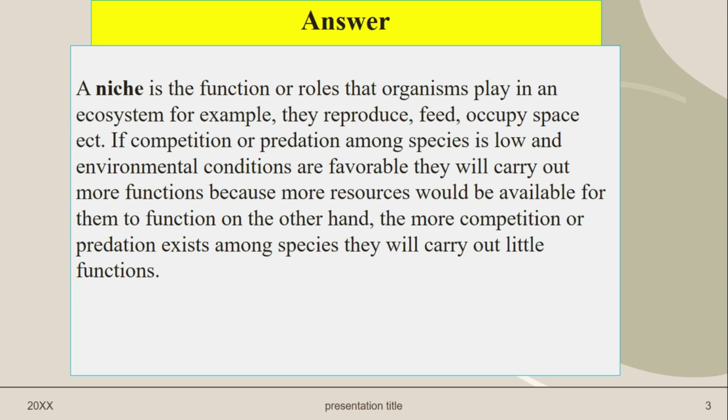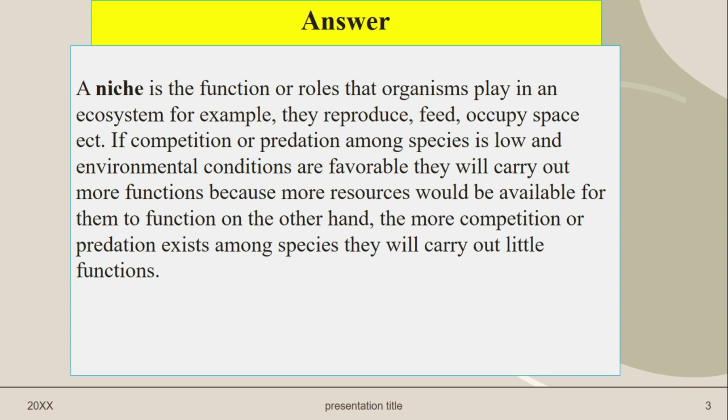So if competition is very low for the species within an ecosystem, then they will carry out more roles. They will have more food to eat, and the more food they have, the more they will reproduce. They will have more space, so they will interact better with the resources. They will be able to carry out more functions.